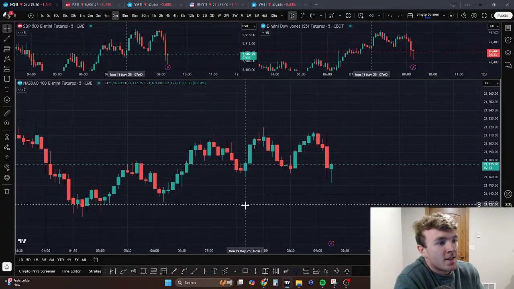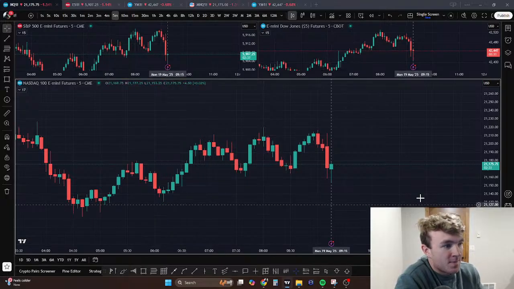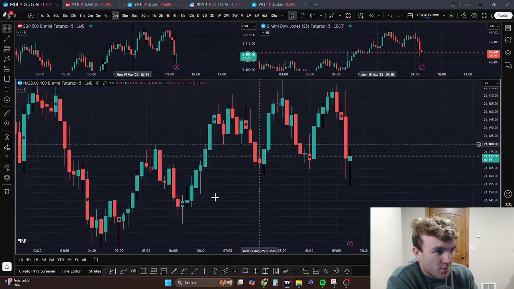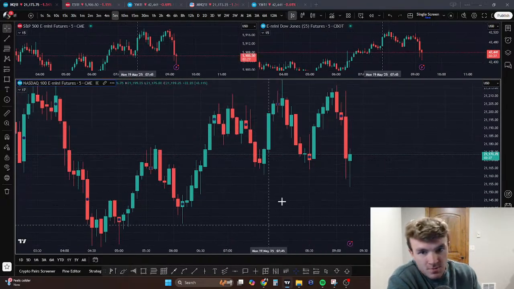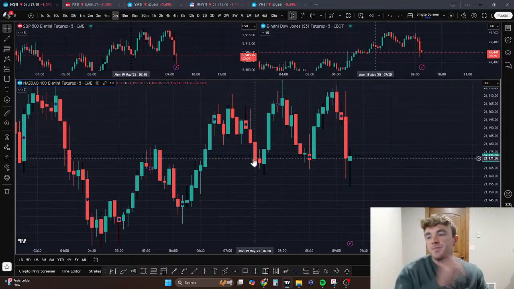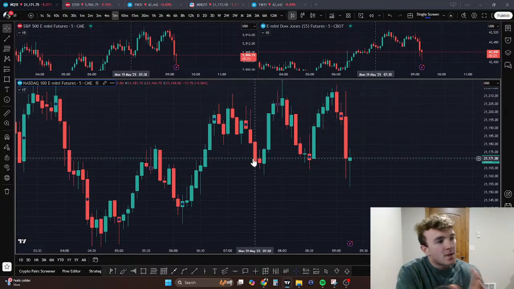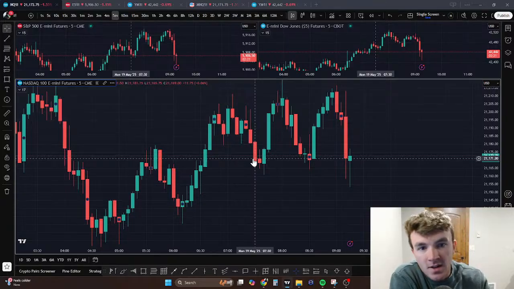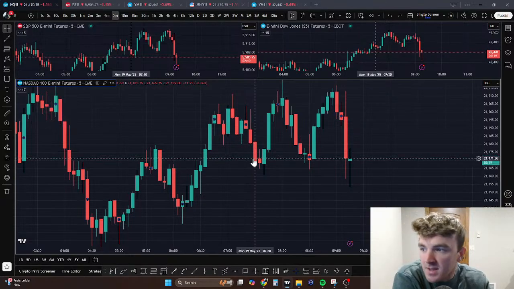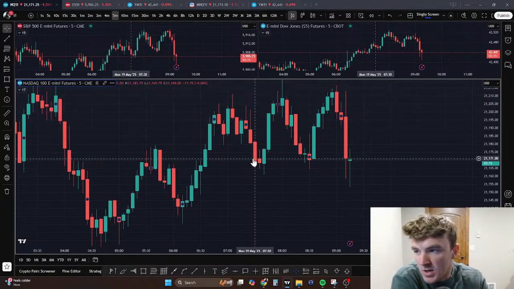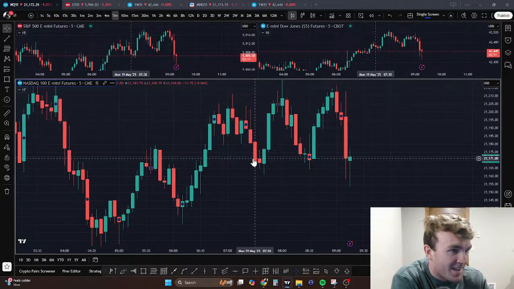I think I'm going to keep this because this is more than enough room to do some chart watching and figure out what's going on. Like I said, I'm not going to be taking any trades until after market open, so that's around 9:30, and then I'll go into the charts and possibly take some trades from 9:30 on.